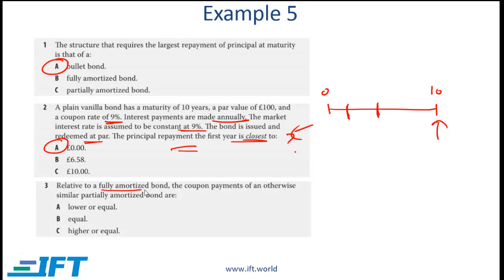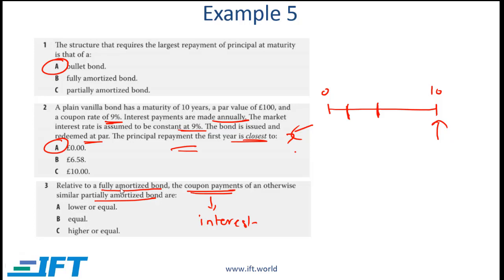Relative to a fully amortized bond, the coupon payments of an otherwise similar partially amortized bond are. Now for this question, coupon payments are essentially the interest payments.